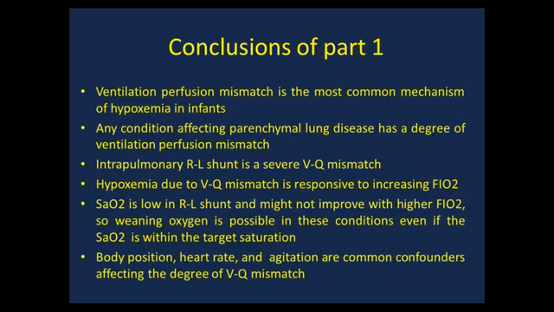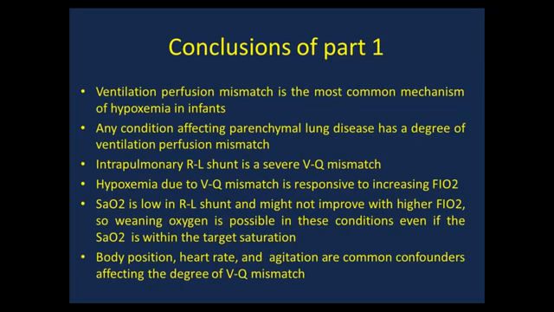At the end, I have the conclusions of part 1. Ventilation perfusion mismatch is the most common mechanism of hypoxemia in sick infants. Any condition affecting parenchymal lung disease has a degree of ventilation perfusion mismatch.